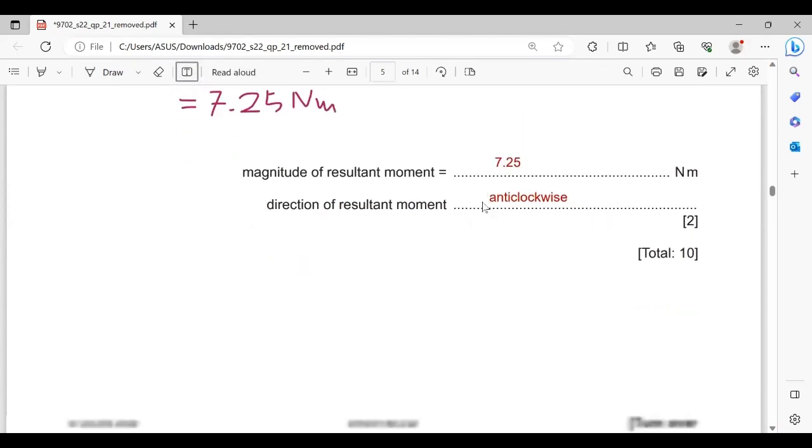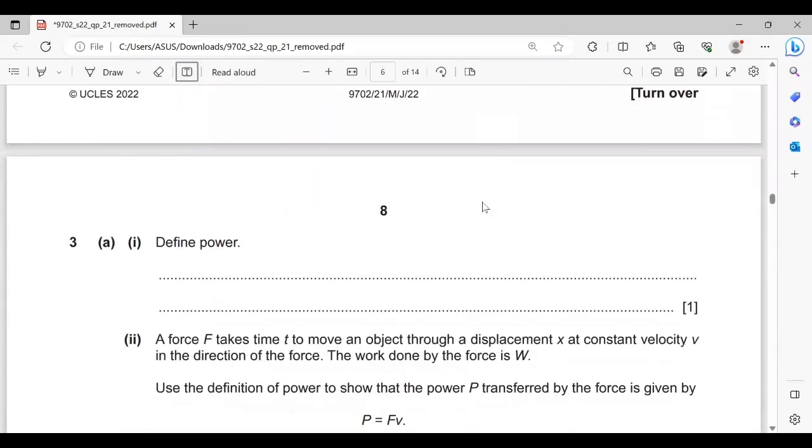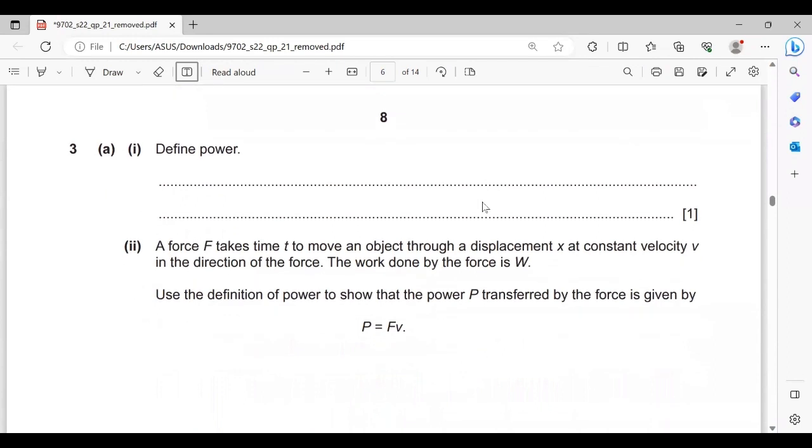Okay, next. Define power. Power equals work done over time taken.